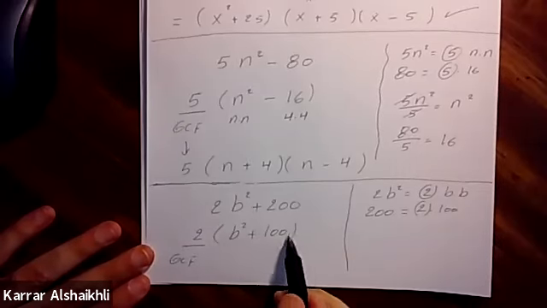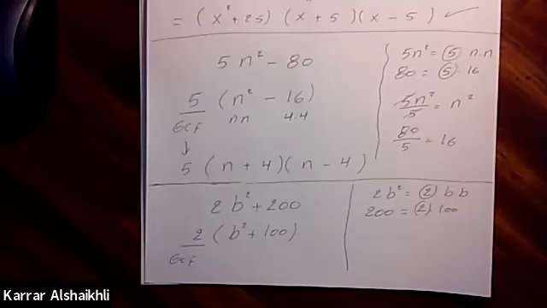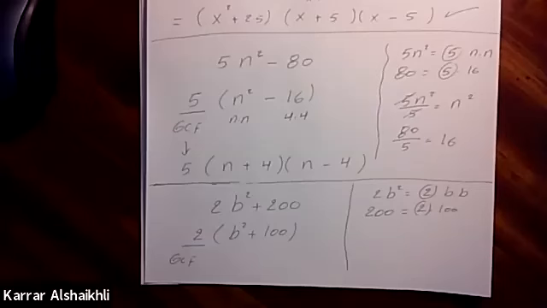Can I use the difference between two squares here? Yes or no? Yes. Why? Because b squared is b times b, and 100 is 10 times 10.